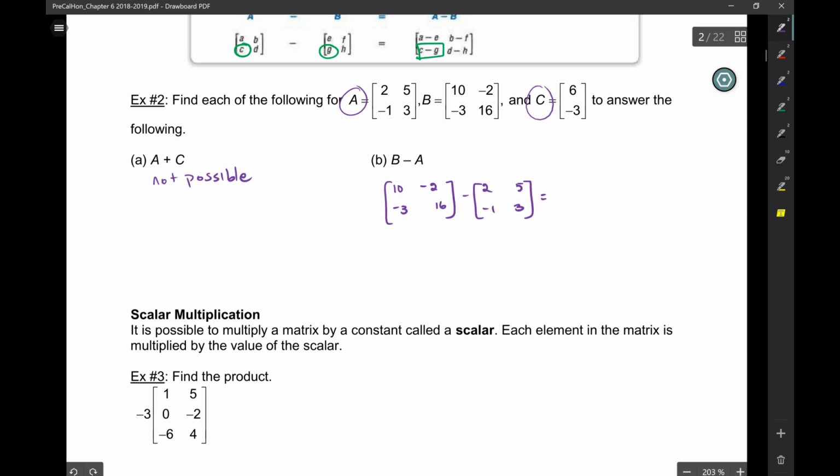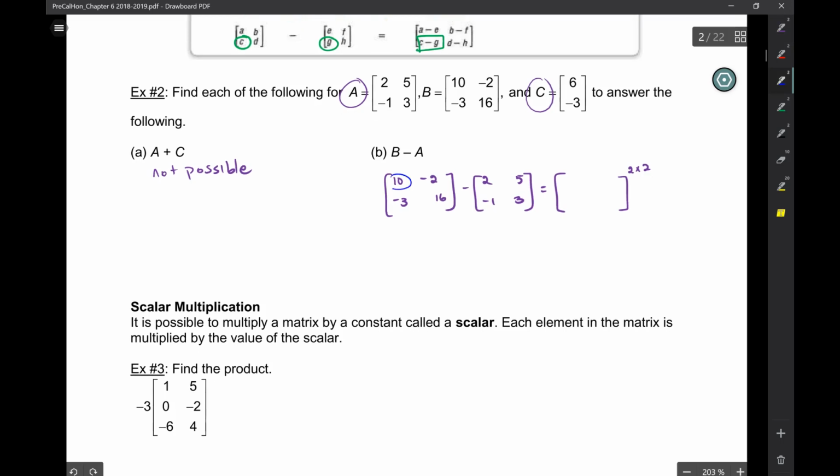The difference will have the same dimensions, 2 by 2. So 10 minus 2, 8. Negative 2 minus 5, negative 7. Negative 3 minus negative 1, negative 2. And the next one, 16 minus 3, 13. There you have it. That's it.